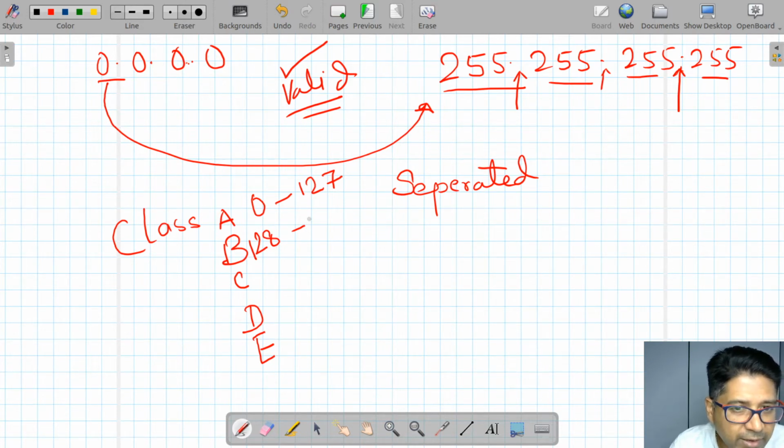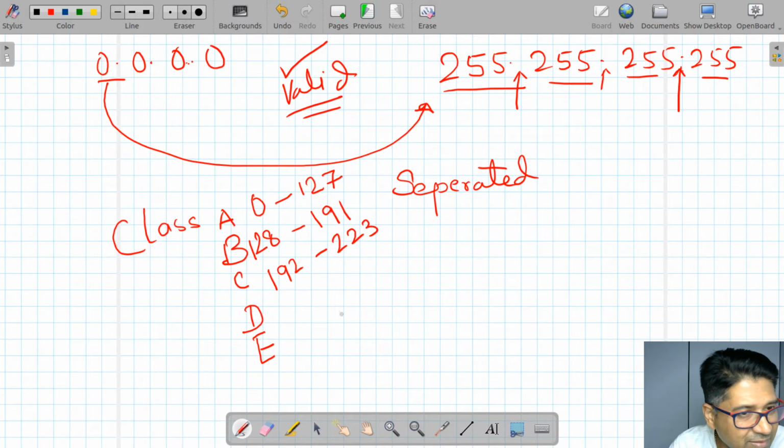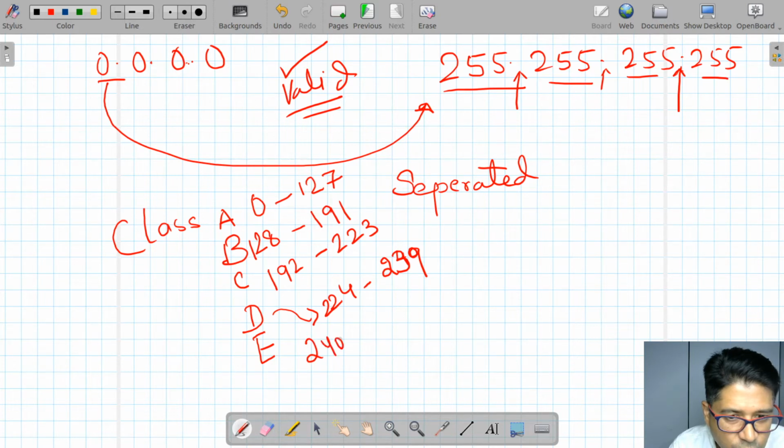Then 192 to 223 is class C. Class D is 224 to 239, and 240 to 255 is class E.